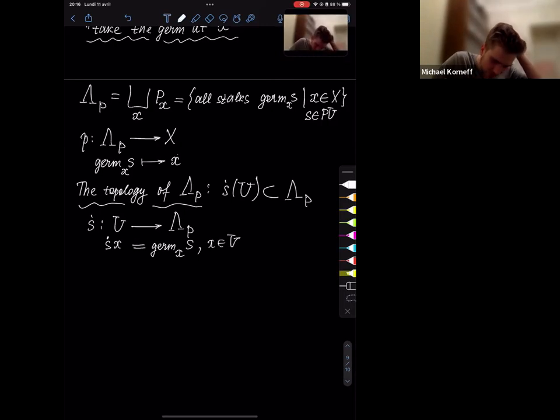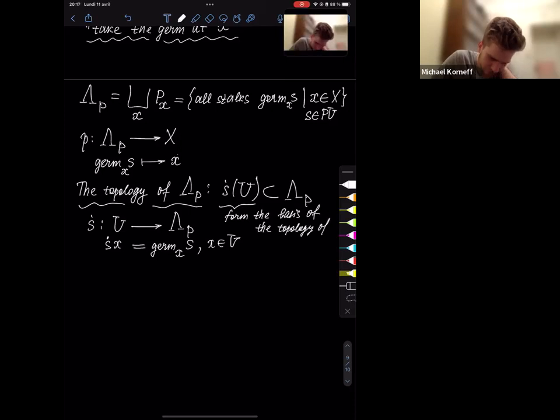And we say that these sets form the basis of the topology over Lambda P.